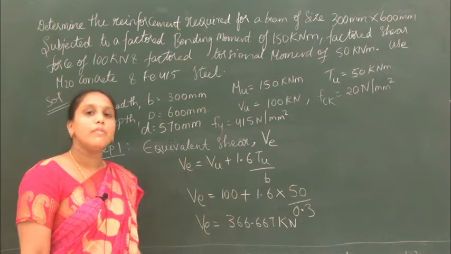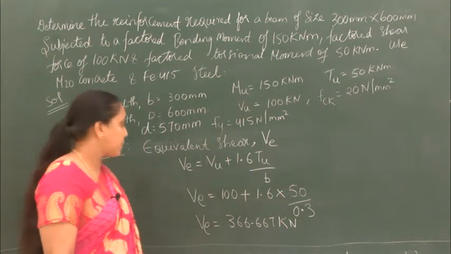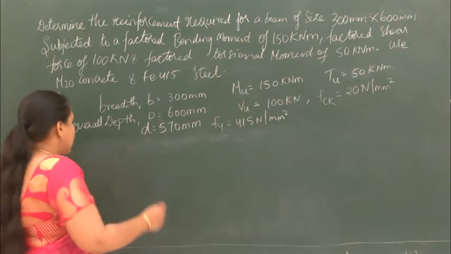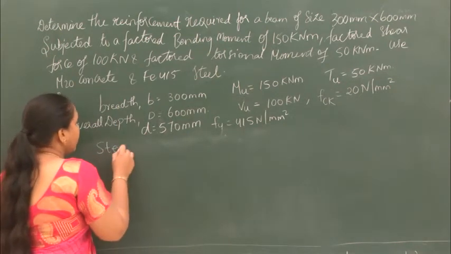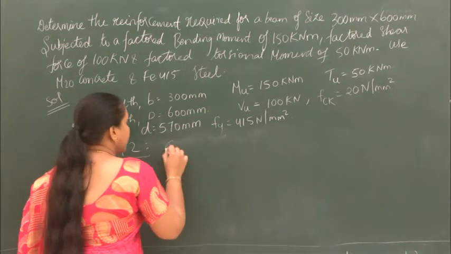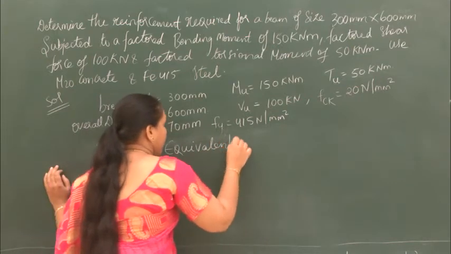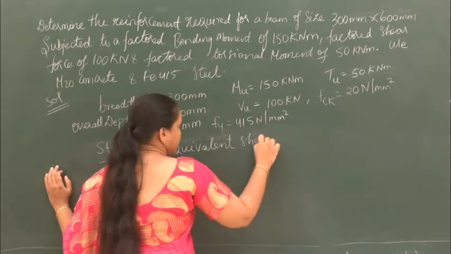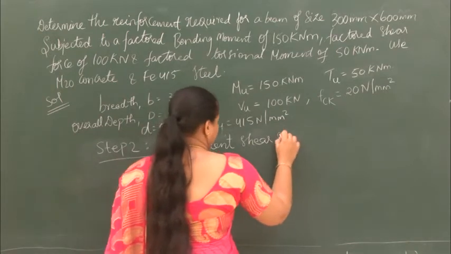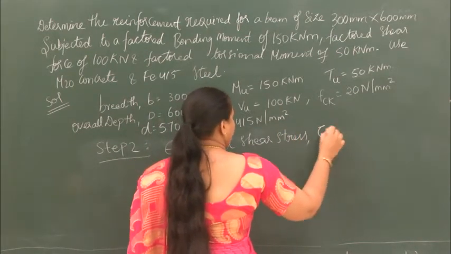So now the second step is to calculate the equivalent shear stress. So how is it denoted? It is denoted by tau VE.